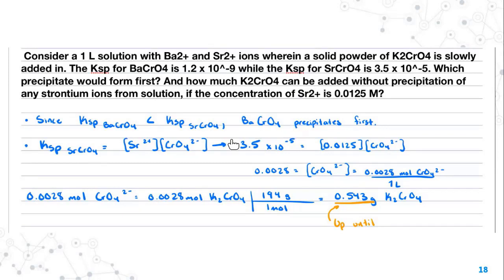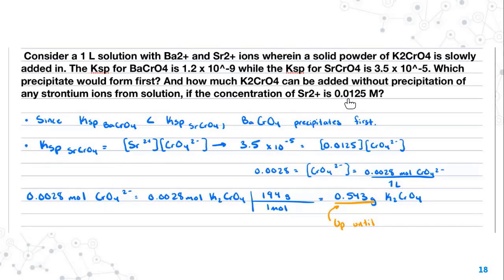All right, so how much of the potassium chromate can you add in without precipitation of any strontium? So we want to look at this Ksp value and Ksp expression for strontium first. So we have this expression, we set it up here. So let's plug in the numbers.